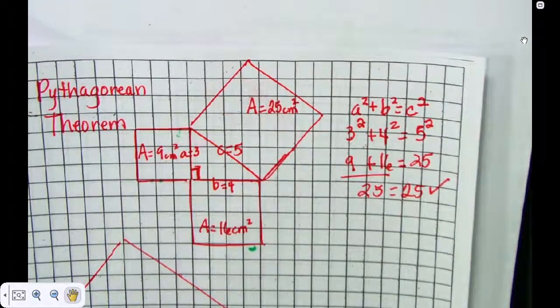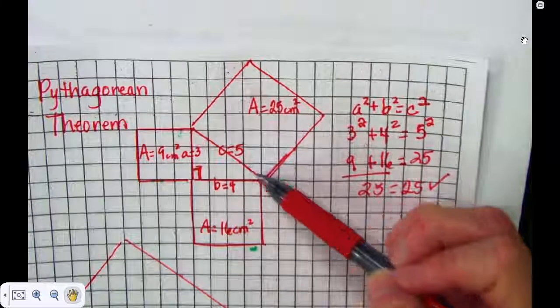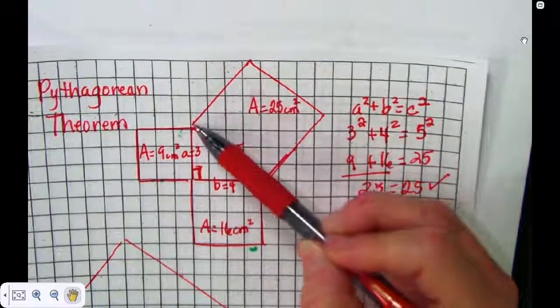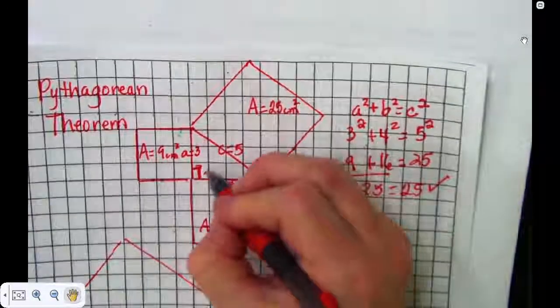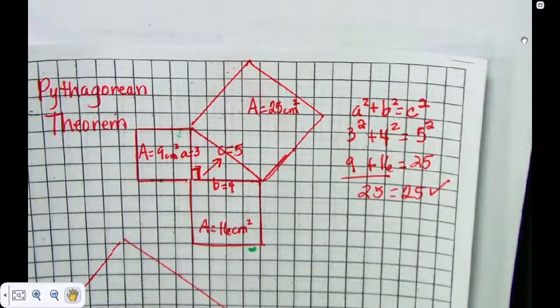Okay? Now, let's talk about this. This right here is right across from your right angle. Draw an arrow. Do you think that long side is always going to be across from your right angle?